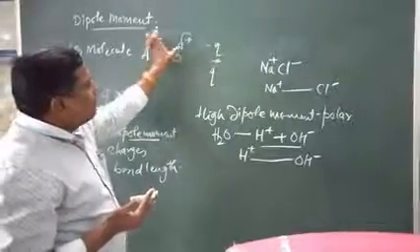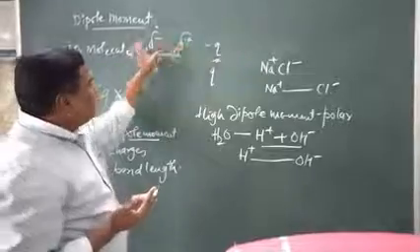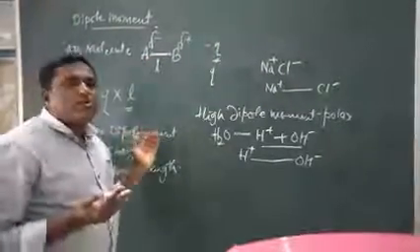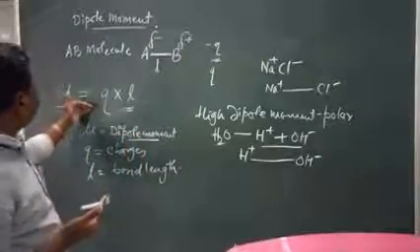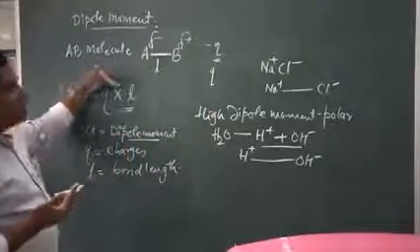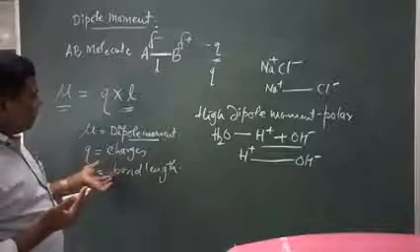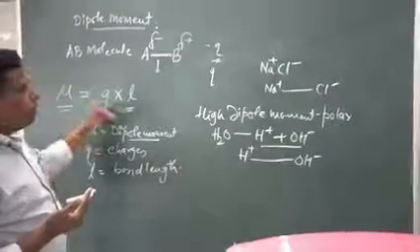If we know the charges of these atoms and the bond distance of the two atoms, then the dipole moment value can be calculated: mu equal to Q into L. Here Q is the charges, L is the bond length, and mu is the dipole moment value.